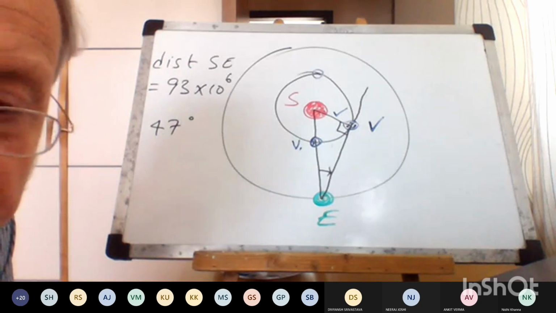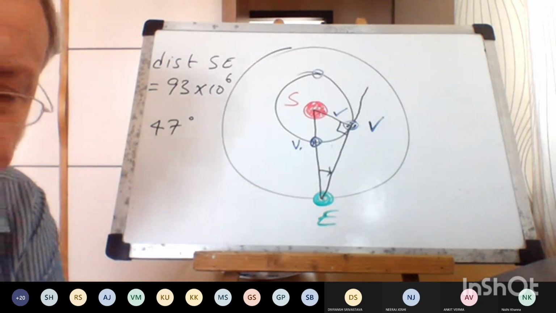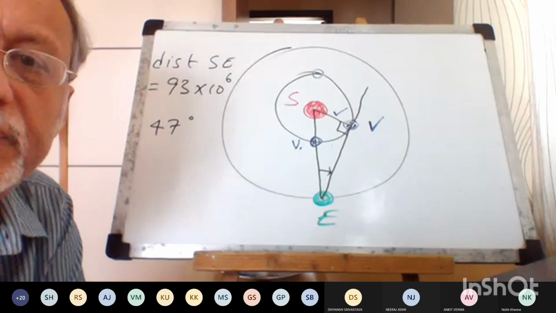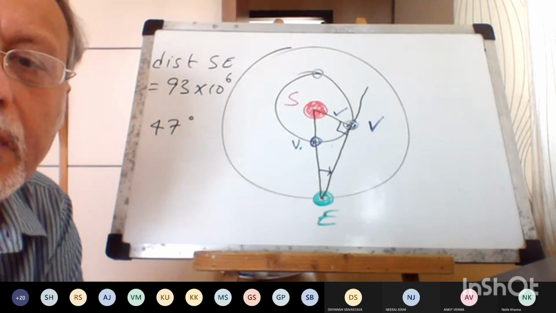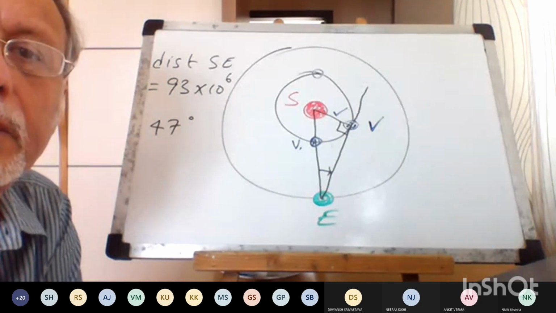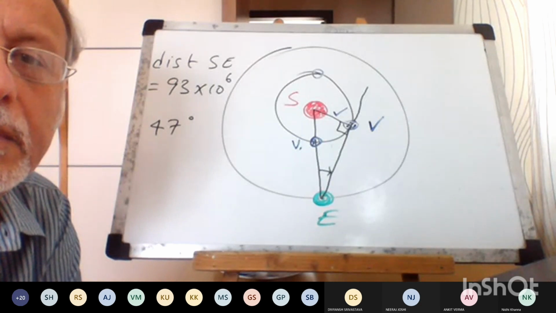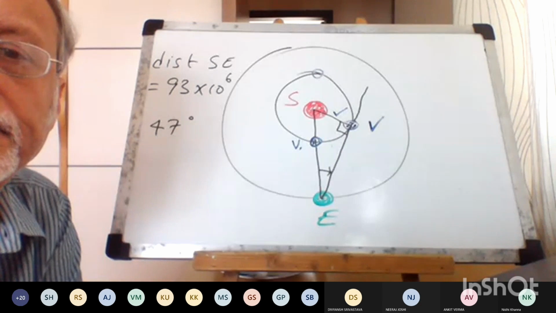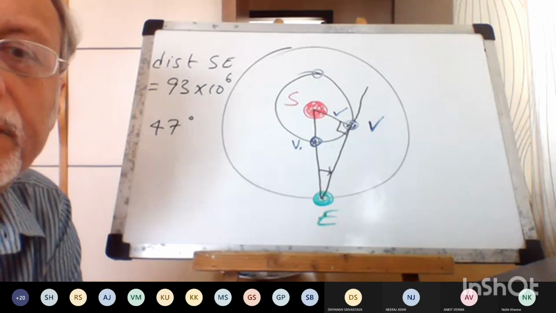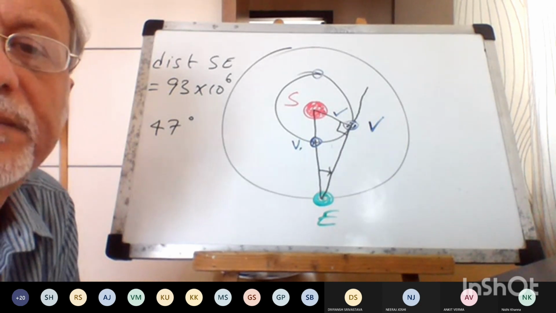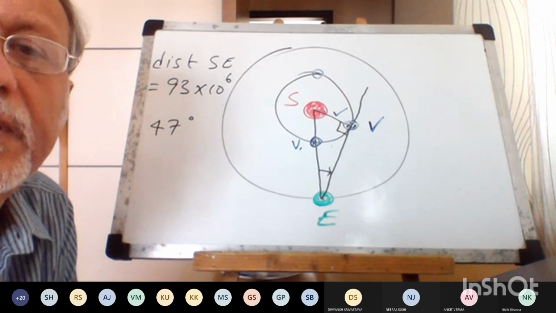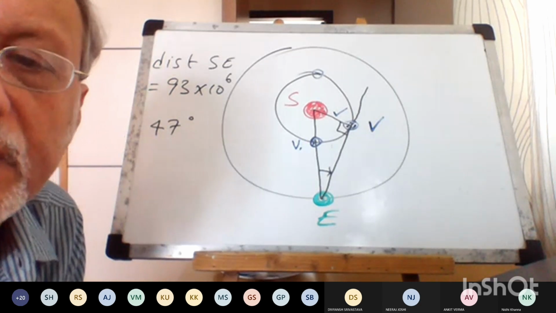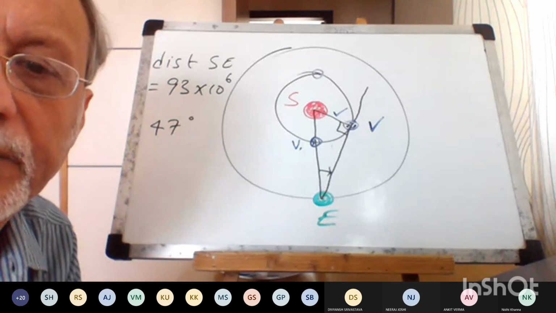So this elongation of a planet, is this topic clear to you? The definition and the calculations. The second question over there, in the exercise: if the distance of Mercury from the Sun is 0.3871 of the distance between the Earth and the Sun, find the maximum elongation of Mercury.